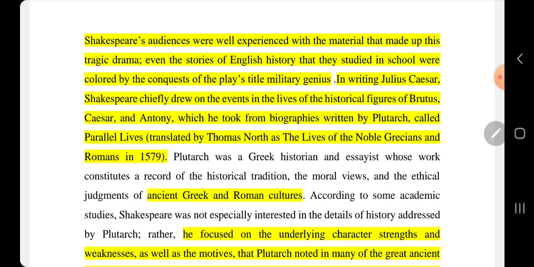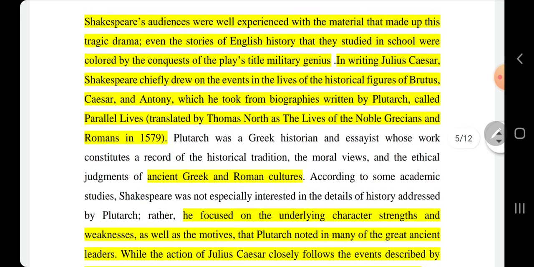Brutus was one of the historical figures, okay? And he took a little bit of information about him from the biographies written by Plutarch. These biographies, called Parallel Lives, were translated by Thomas North as The Lives of the Noble Grecians and Romans in 1579.